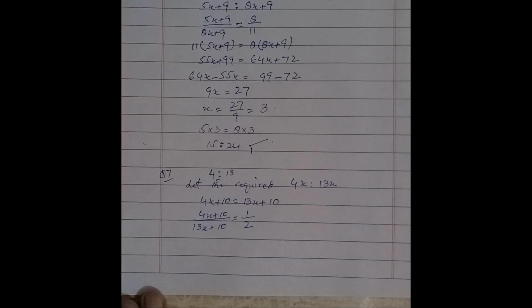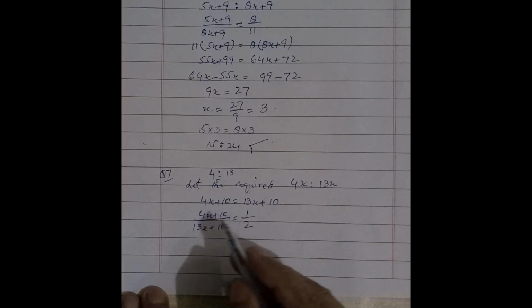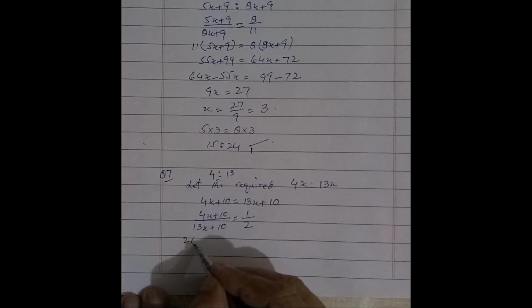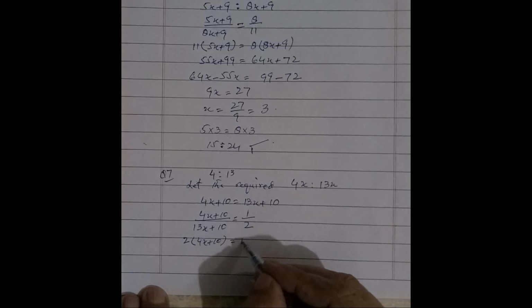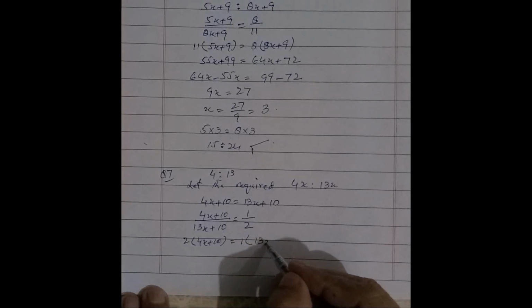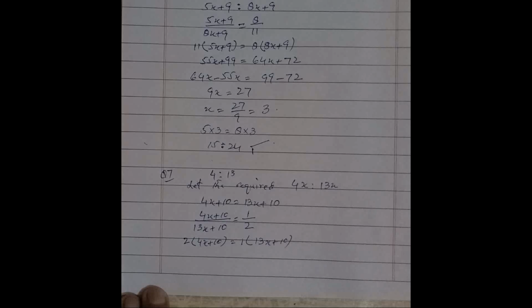Now we cross multiply both the values: 2 multiplied by (4x plus 10) is equal to 1 into (13x plus 10).